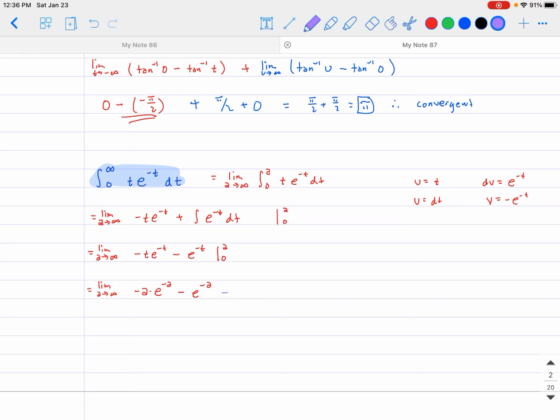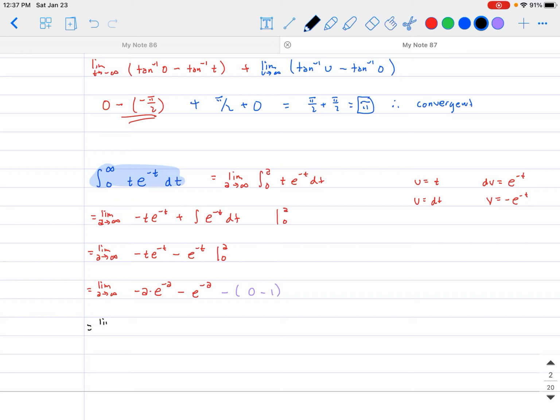So minus, for the lower bound, if we plug it in, looks like you're going to get 0, and then looks like it's going to be minus 1, okay? So hopefully the lower bound was the easy part. Now we're going to have to apply the limits in this case. And this is where it goes back a little bit to the first semester.